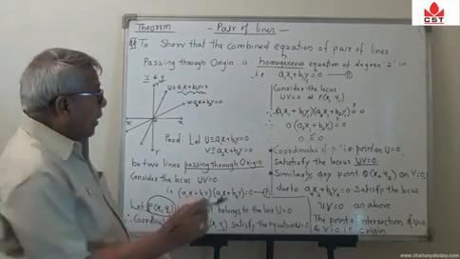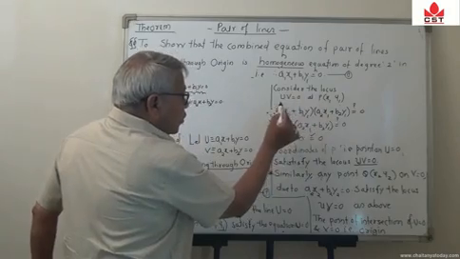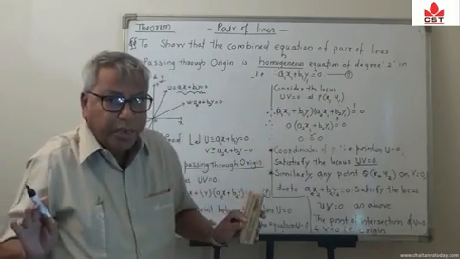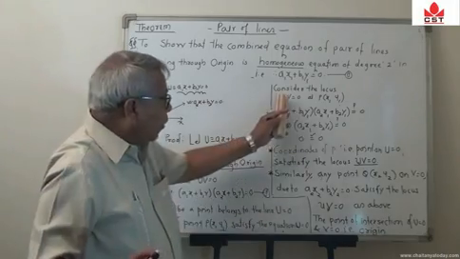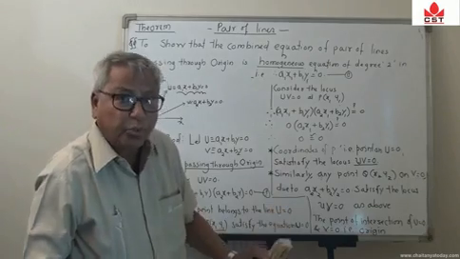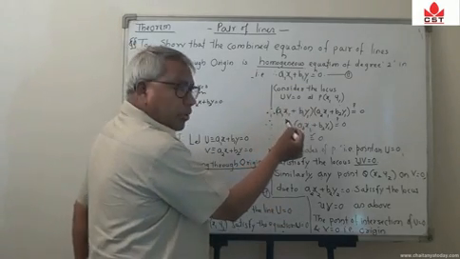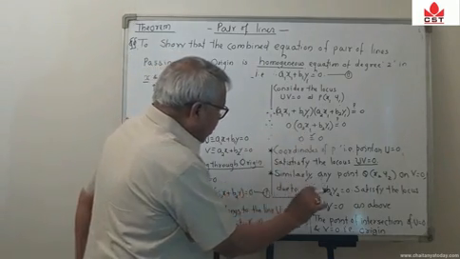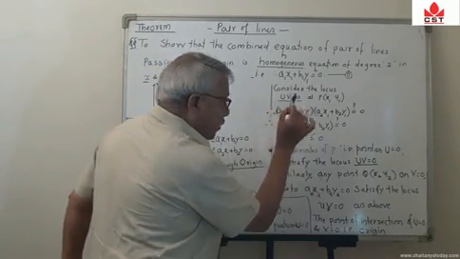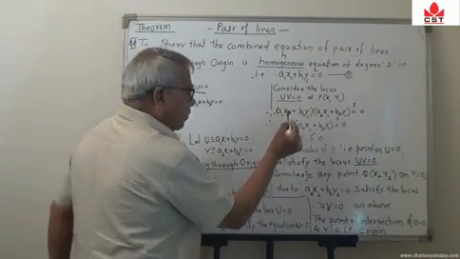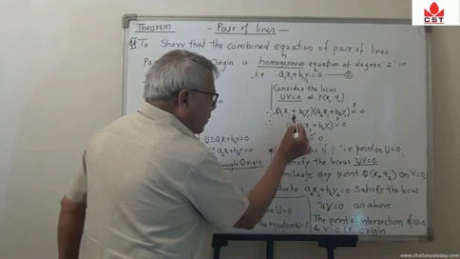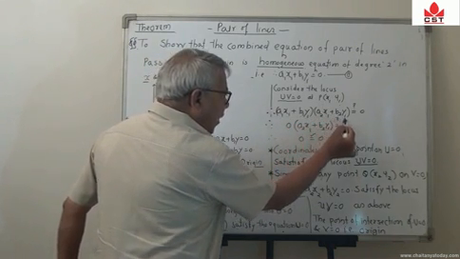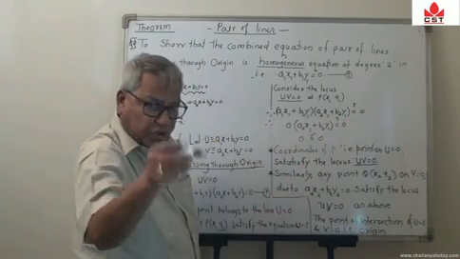But I don't know whether P(x1, y1) satisfies the locus uv equal to 0. I am going to substitute x as x1, y as y1, that means check whether uv equal to 0 is satisfied by the point P. So (a1x1 plus b1y1) into (a2x1 plus b2y1) is equal to 0 or not.